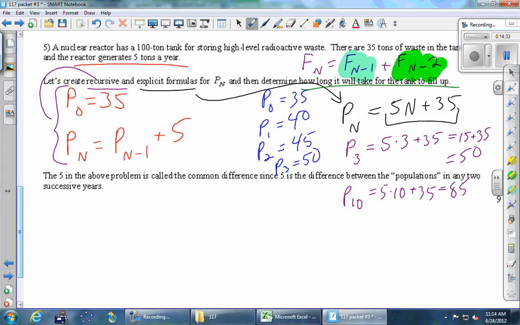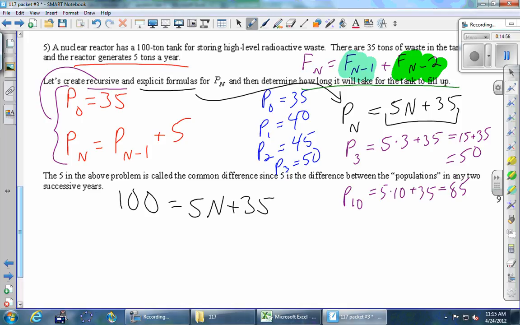So right there, 5n plus 35. That's how much stuff you have in the tank at some general moment in time. And what do I want it to equal when the tank is full? I want it to equal 100. So we solve an equation. And how do we solve that equation? Yeah, we do what Johannes had said.